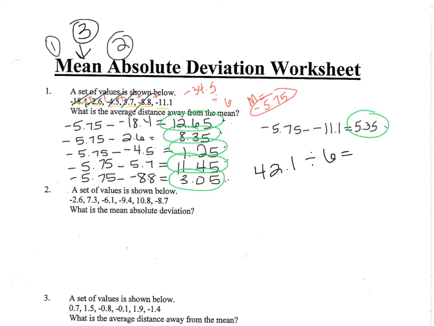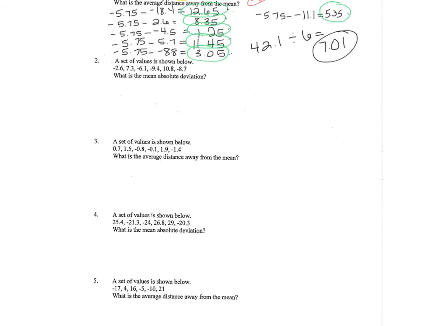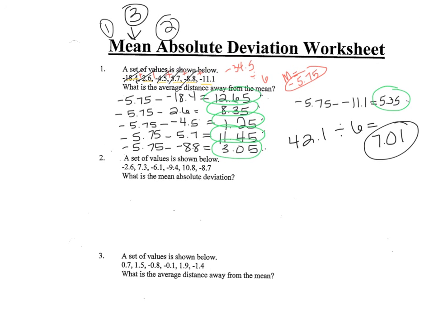I divide by 6, and I get 7.01. That's what you're doing for the next 4 problems. Number 2 will give you a whole number, so your final answer will not have a decimal. If you get a decimal, go back and check where you mixed up.